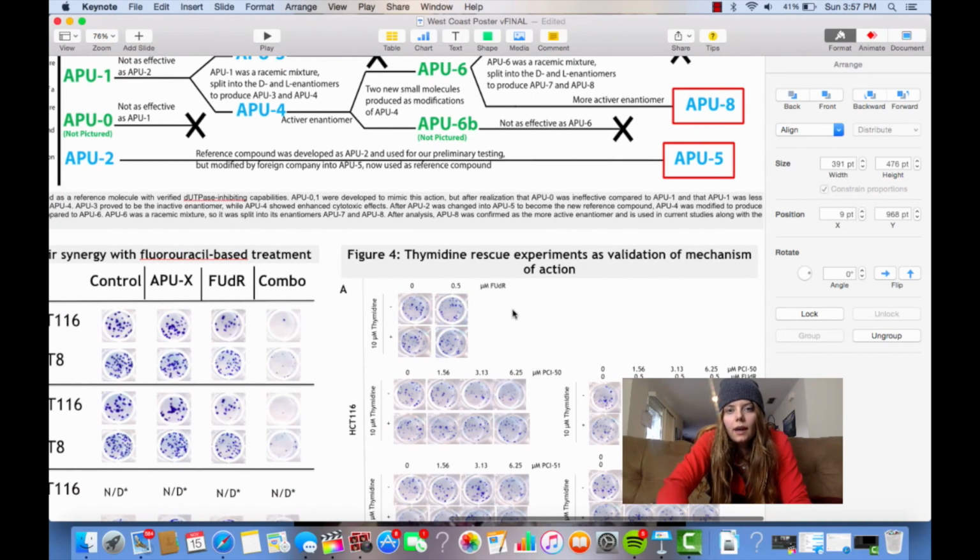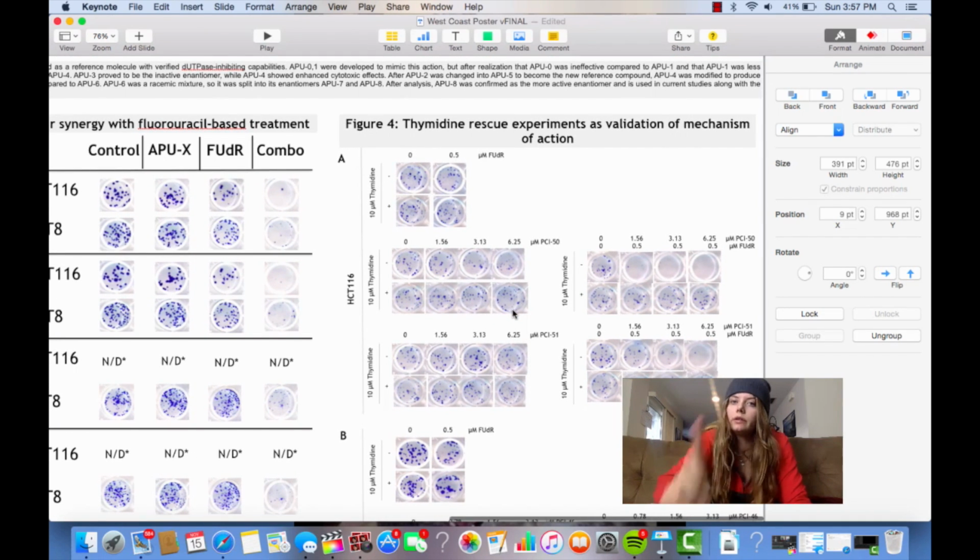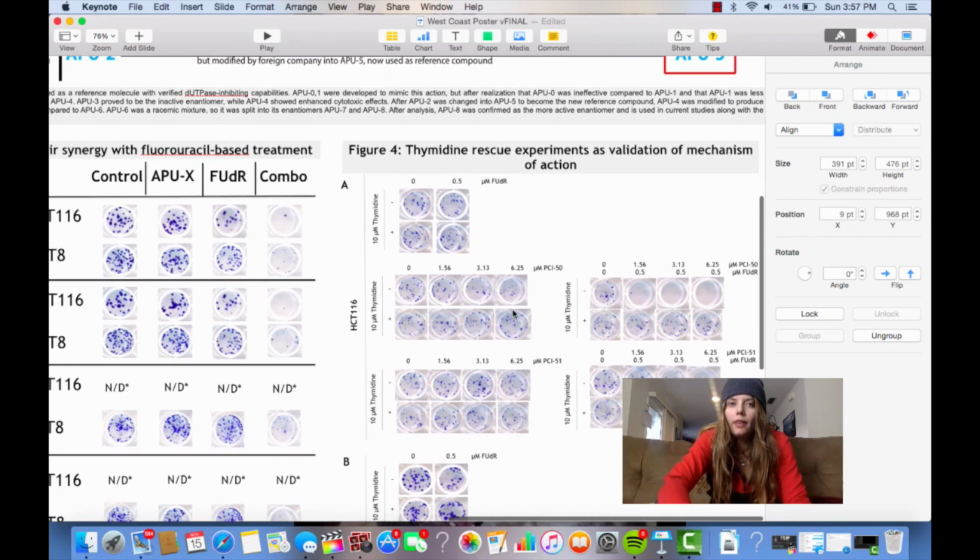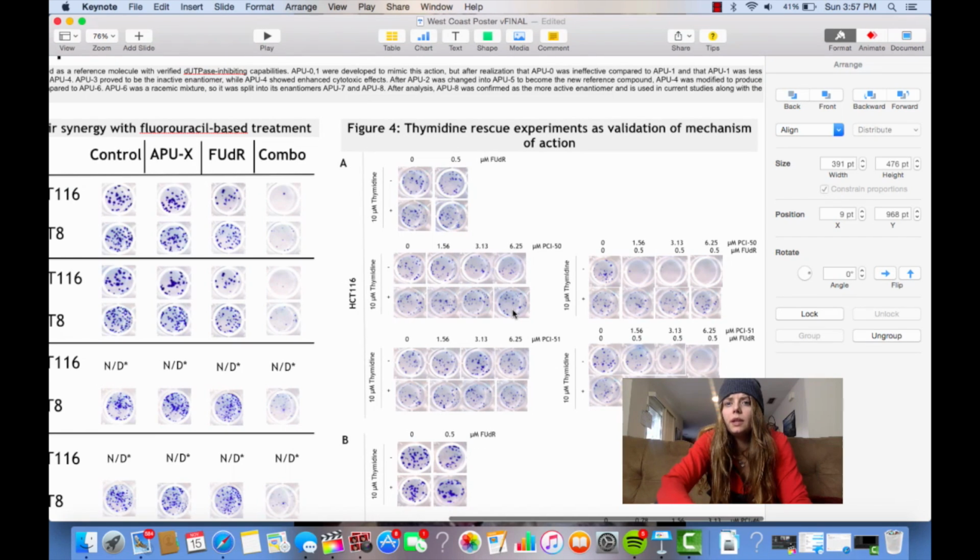So yep, I already explained that, and we tested. This is how we tested to make sure that the DUTPase drug was working how we thought. So in these colon cancer cell lines, we added both the thymidylate synthase inhibitor and we added the DUTPase inhibitor. And again, we should see cell death because of all of that we just learned. But if we add thymine into the cell, into the mixture, we give the cells thymine back, they shouldn't die, right?